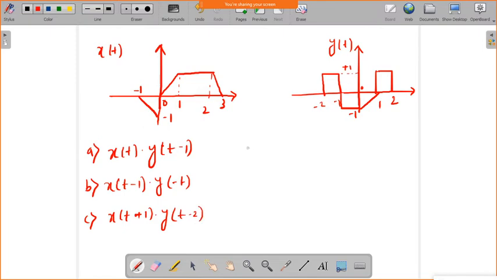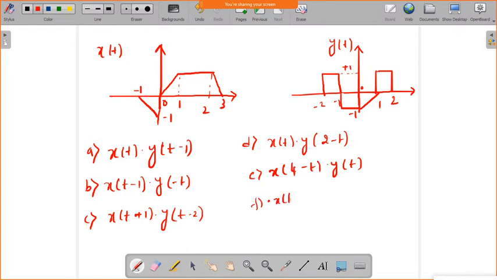Fourth, x of t into y of 2 minus t. Another one you can take, x of 4 minus t into y of t. And fifth, you can take x of t into y of minus 1 minus t.